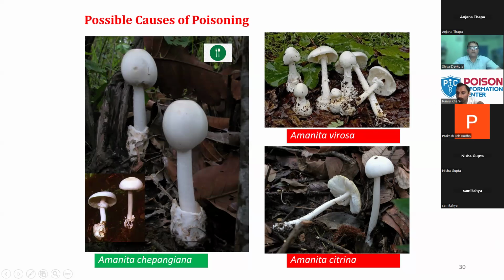So in my understanding, what happened in Chitwan is that the children thought they picked Amanita chepangiana, but mistakenly picked Amanita virosa or Amanita citrina mushrooms. It might be the cases from Chitwan, and this is a very serious case because Amanita chepangiana is edible, and a similar looking mushroom is poisonous.